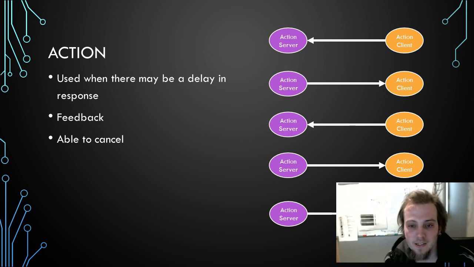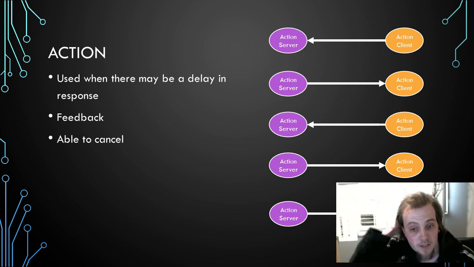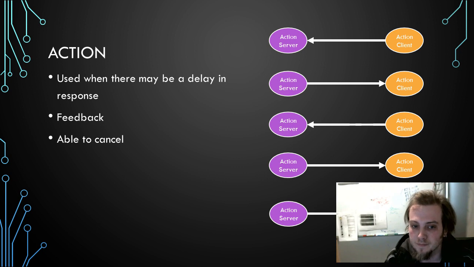So the actionlib package provides tools to create servers that execute long-running goals that can be preempted. The actual structure of an action file is similar to that of a service, however, feedback is also added.